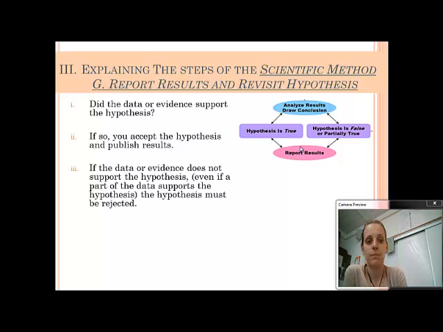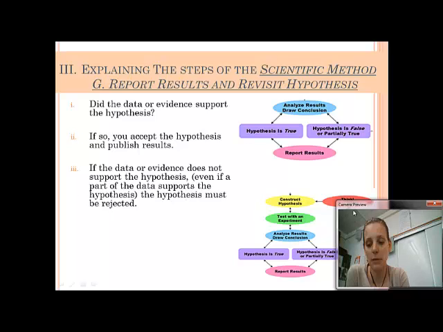If data or evidence does not support the hypothesis, even if a part of the data supports the hypothesis, the whole hypothesis has to be rejected. Hypotheses are black and white. The data either supports it or it doesn't. Even if your data supports part of the hypothesis, you have to state that the hypothesis was not accepted.